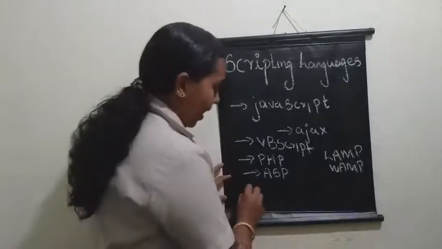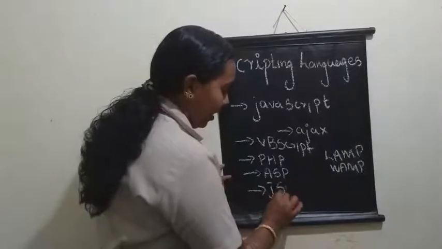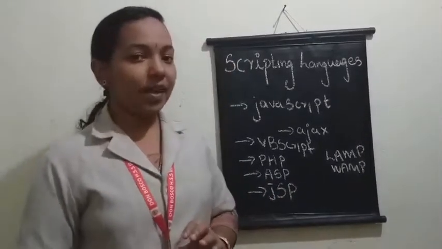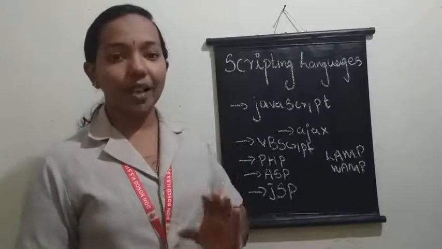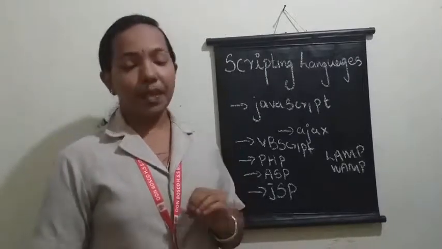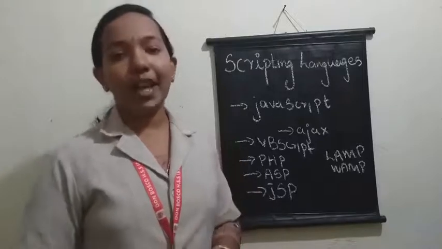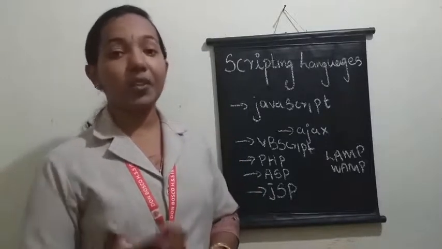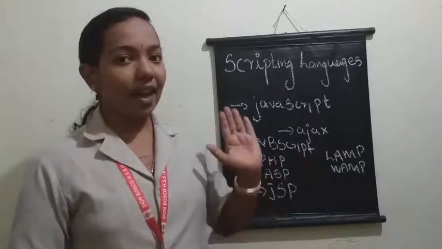Then the last one is JSP, Java Server Pages. What is its full form? Java Server Pages. In JSP, we can use the programming language Java for executing or representing the statements. The name indicates Java Server Pages.